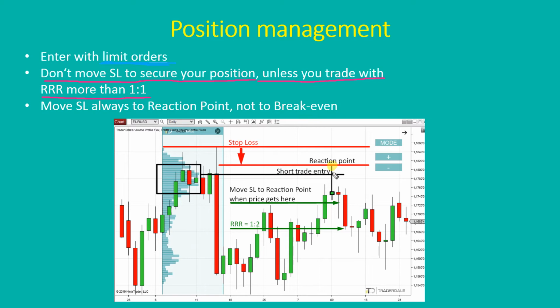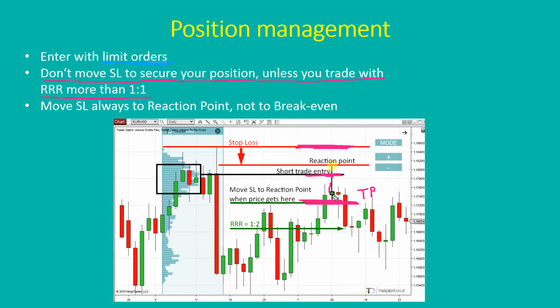So if I entered a short in here, my stop loss was right there. I traded with risk-reward ratio 1. This would be the take profit. And I wouldn't secure the position at any point.